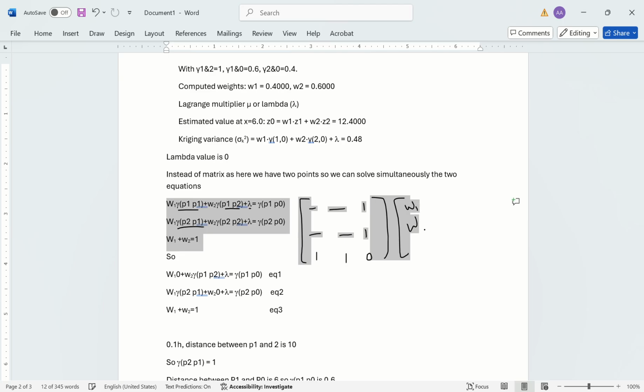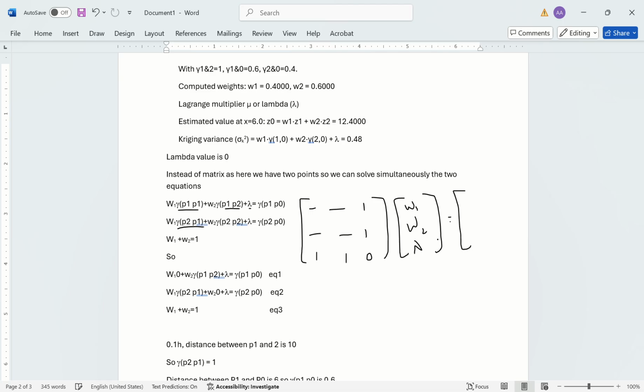Then the third matrix would have been W1, W2, and the third term would have been lambda, equals to, this would have been the first point, this would have been the second point, and the third would have been 1.